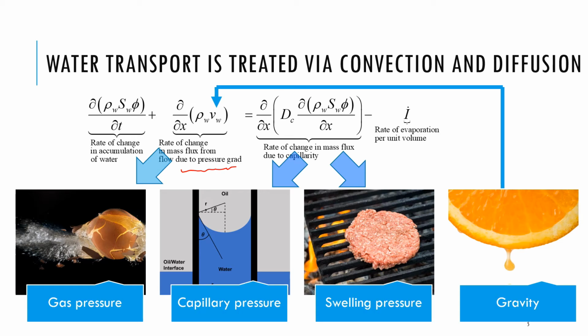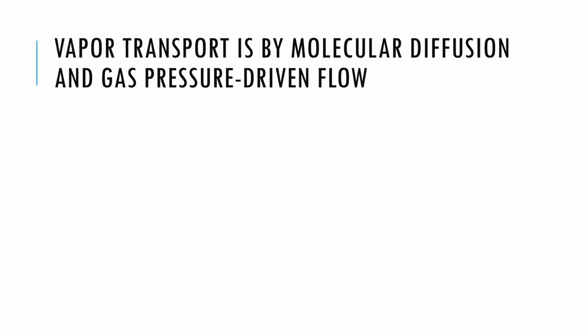And this kind of mechanism is included using swelling pressure, which in turn can be written as a diffusion term. So likewise, capillarity can be written as a diffusion term. So we have the diffusion term and the convection term, and of course I dot is the term due to evaporation, and because water is lost, it has a negative sign, and then this one of course is the transient or the storage term.